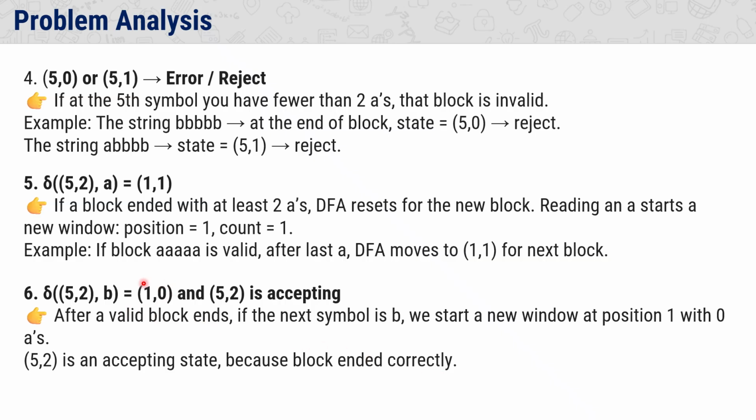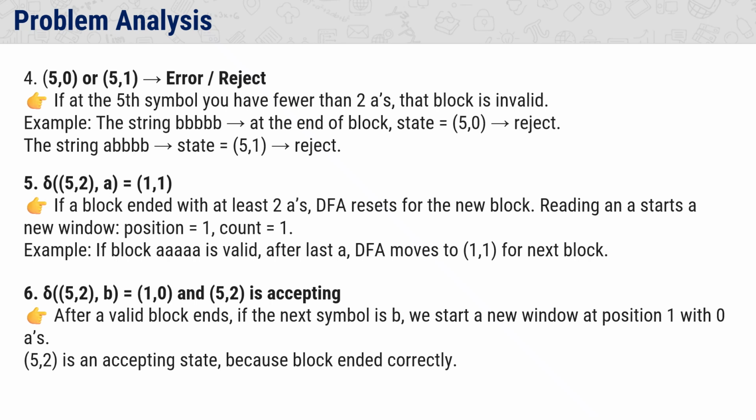That means you go to the new state for the new block. Okay, the first block I read correctly, that is accepted. Just one more block is there, and that also you have to see by resetting in the DFA, going to the state (1,0) on input B.